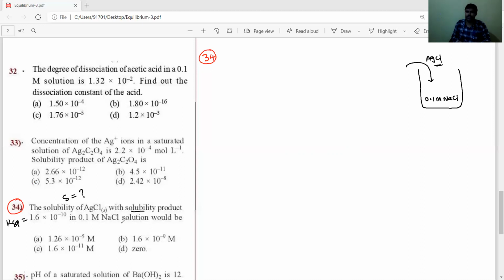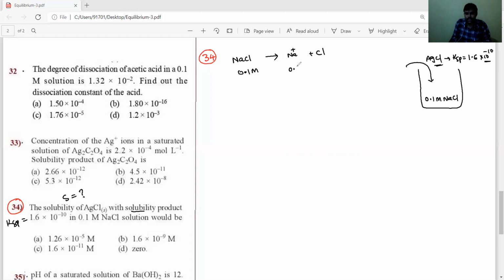Solubility product they gave, we have to find out S. What is the S value? Solubility of silver chloride we have to find out, and its KSP is equal to 1.6 into 10 to the power of minus 10 they gave. Okay, students, now let's observe that NaCl, the sodium chloride, 0.1 molar, will be completely ionized to give Na plus and Cl minus.